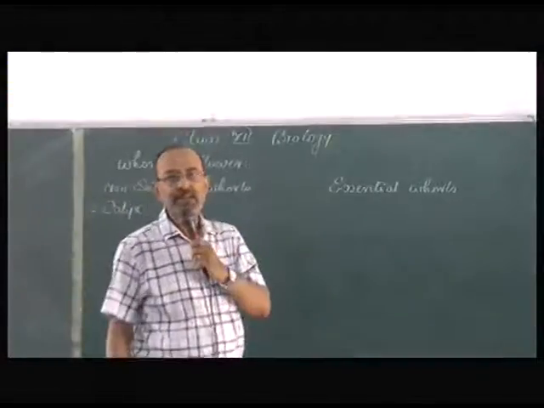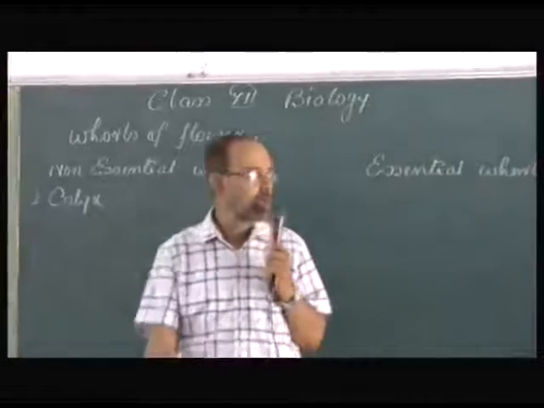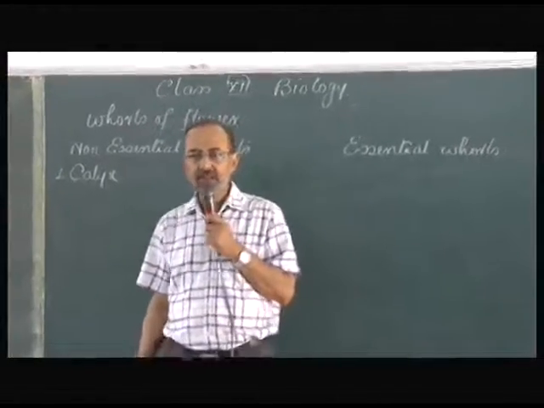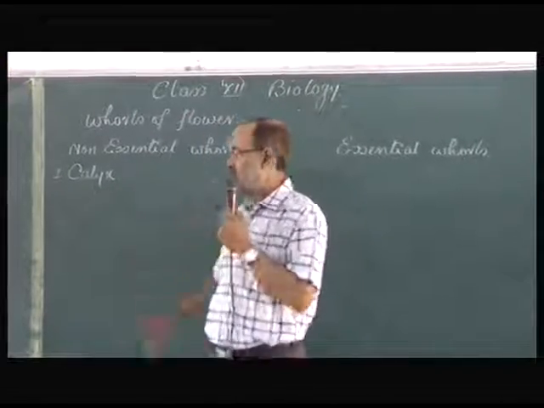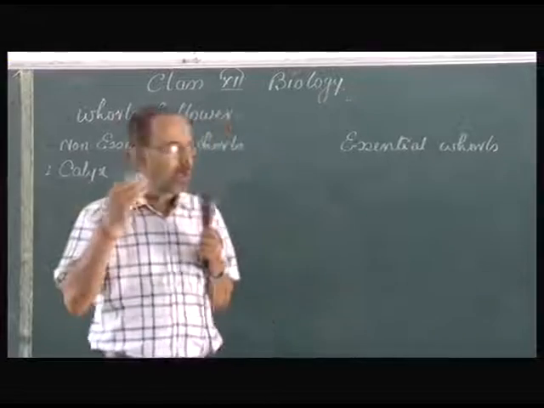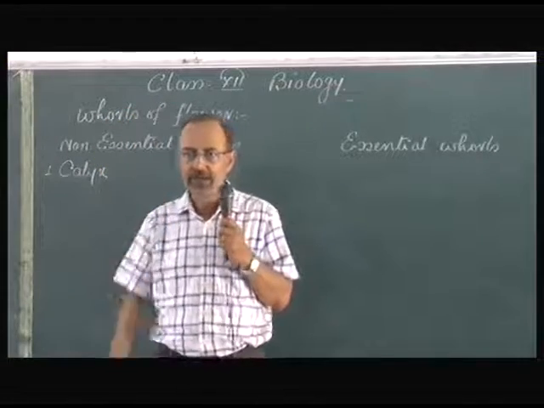Calyx. Calyx is the lowermost whorl of the complete flower. In a complete flower, the lowermost whorl is known as calyx. This is normally green in color. To understand all these different whorls of the flower, develop the idea of a hibiscus flower in your mind. Then everything will be clear.